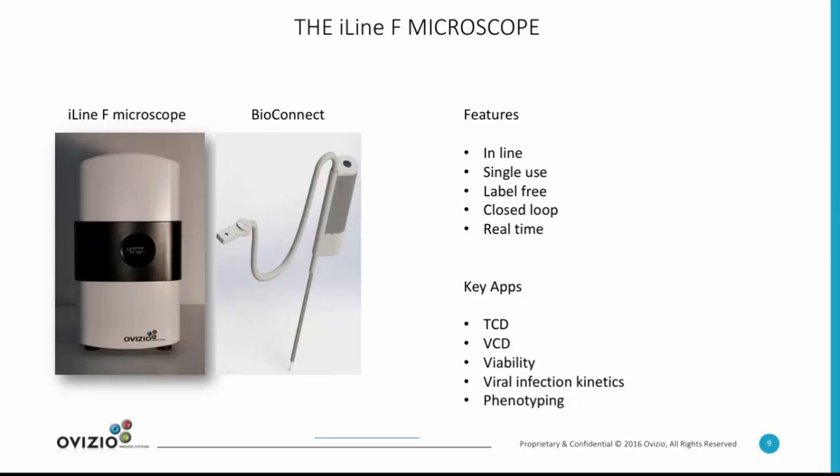It's a closed loop system, so there is no risk of contamination, and all the analyses are done in real time. At the moment, the key applications that come with the software and with the ILINE F microscope are the total cell density, the viable cell density, viability, the viral infection kinetics, and phenotyping of different cells and cell populations within your culture.